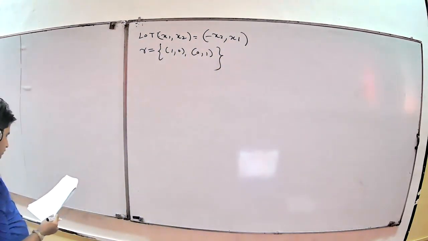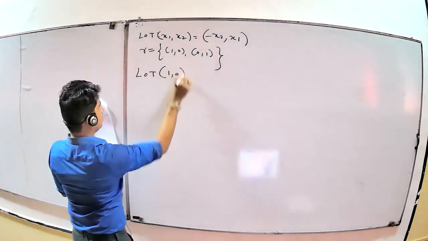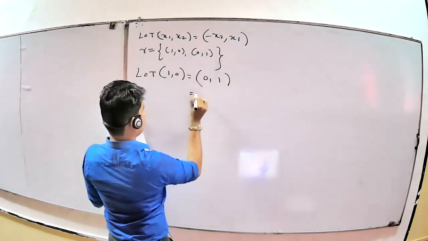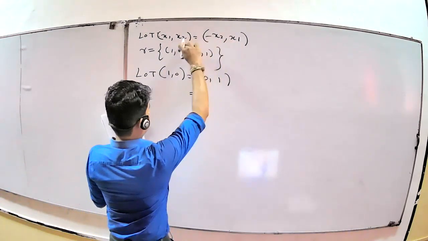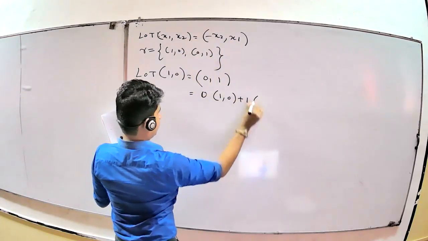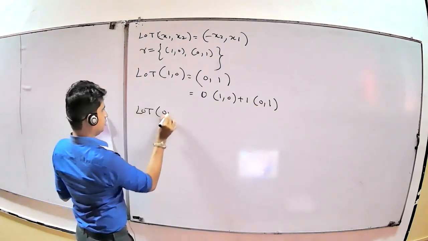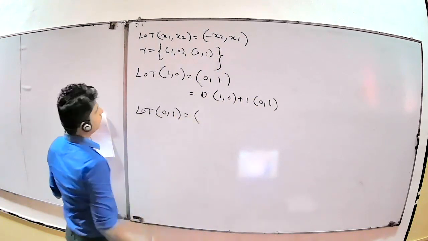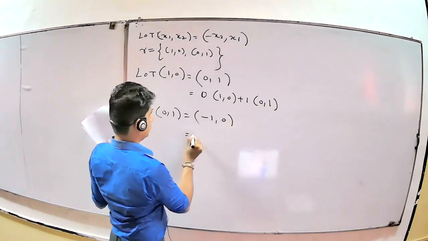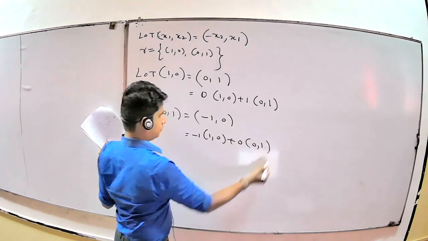Now L composition T of 1, 0 is 0, 1, so 0 times 1, 0 plus 1 times 0, 1. L composition T of 0, 1 is minus 1, 0, so minus 1 times 1, 0 plus 0 times 0, 1.